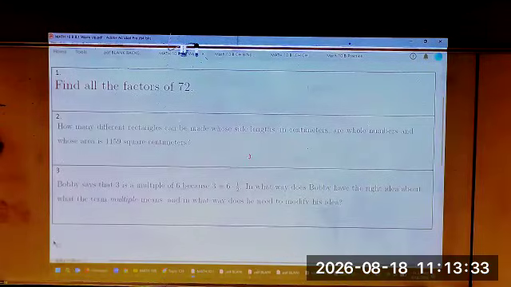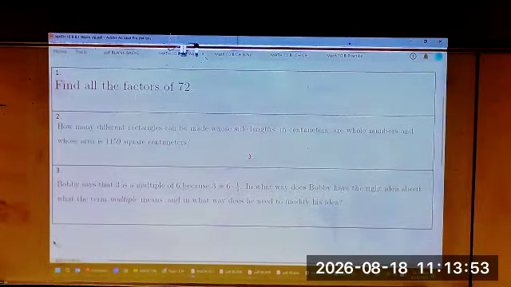Is it in the 0 or 5 place? Nope. So 5 will not work. How about 6? Since 2 and 3 both work, then 6 is going to work. So 6 times 12.